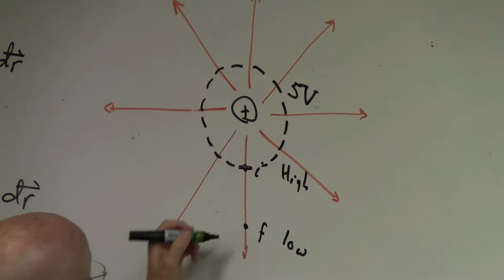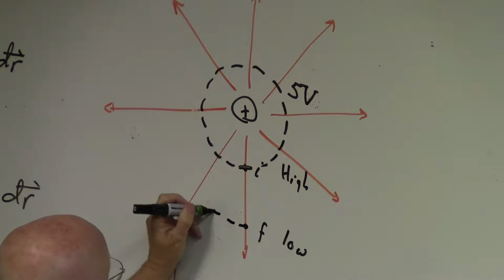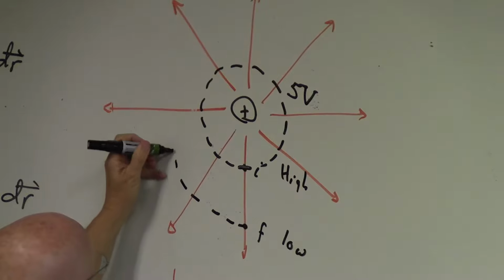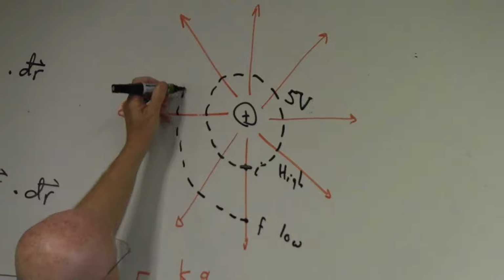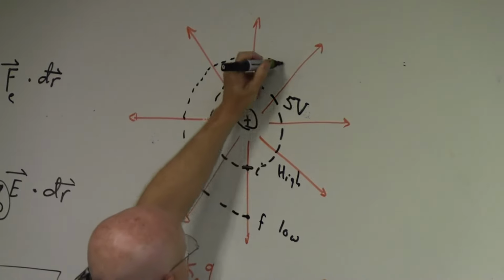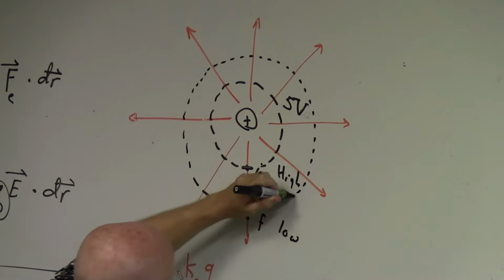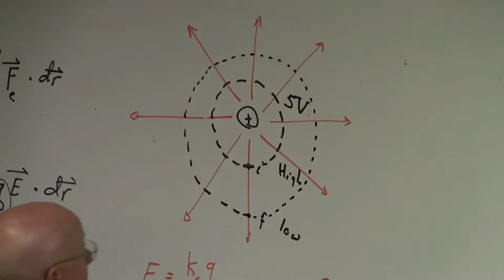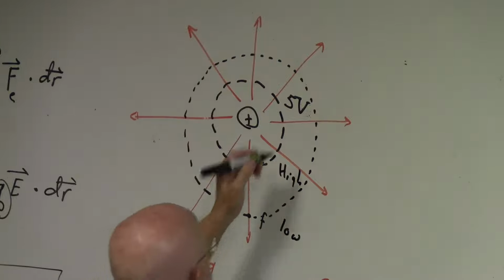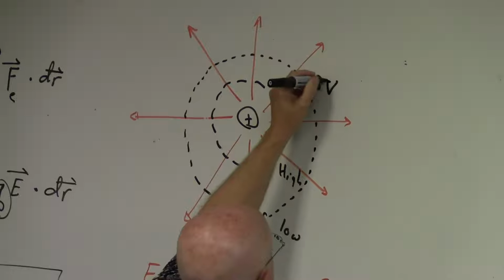But if I were then to draw a line or to move always perpendicular to the electric field, that would always be at that same 3 volts. So I'll label that black line as 3 volts.